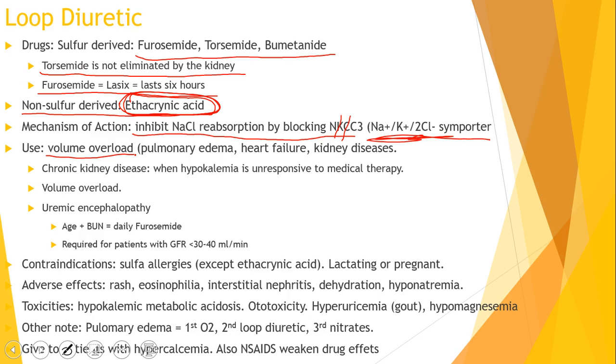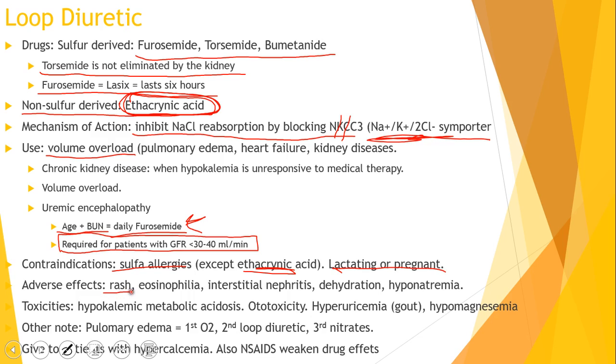Apparently, the way you work with this, age plus BUN is going to equate your daily furosemide required for patients with GFR less than 30 to 40 milliliters per minute. Contraindications, sulfur allergies, unless they're using ethacrynic acid. Don't want to give it to somebody who's lactating or pregnant.